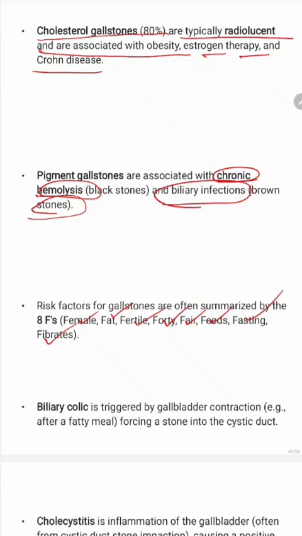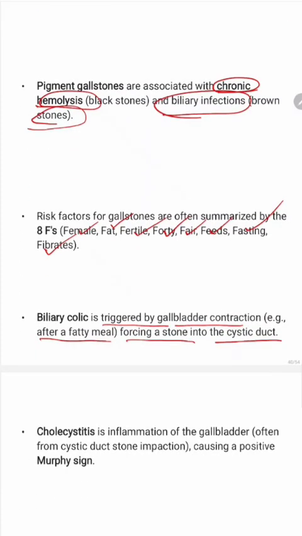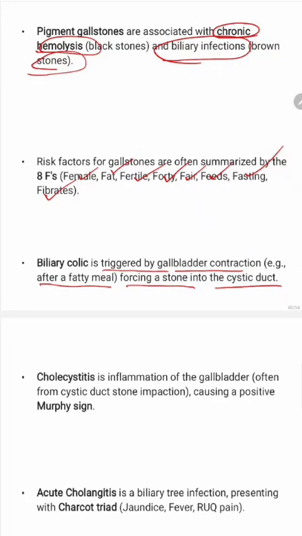Now, biliary colic is triggered by gallbladder contraction after a fatty meal, forcing a stone into the cystic duct. And cholecystitis is the inflammation of the gallbladder, often from cystic duct stone infection, causing a positive Murphy sign. What is Murphy sign?